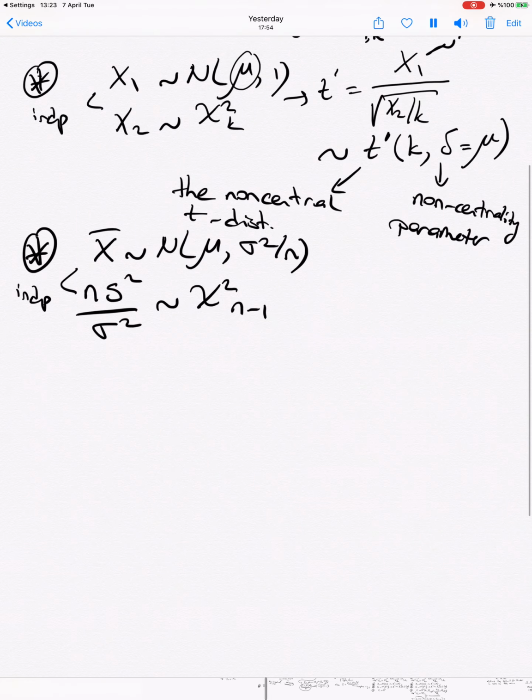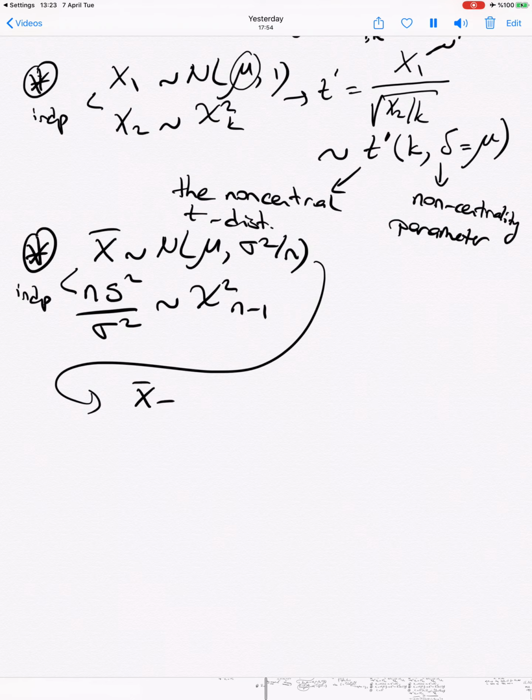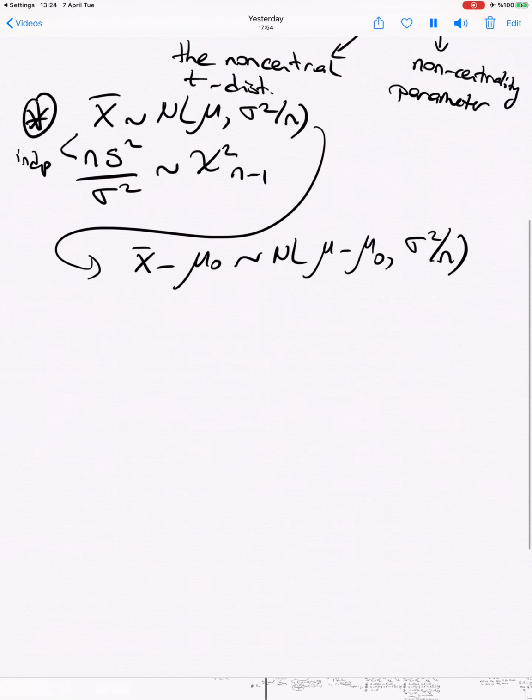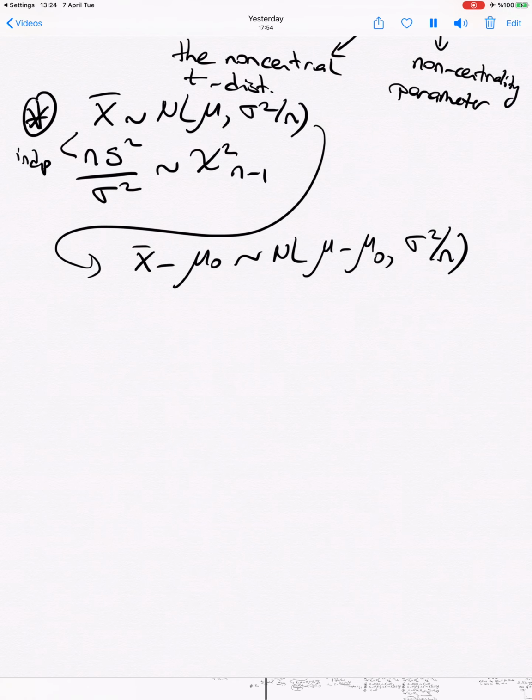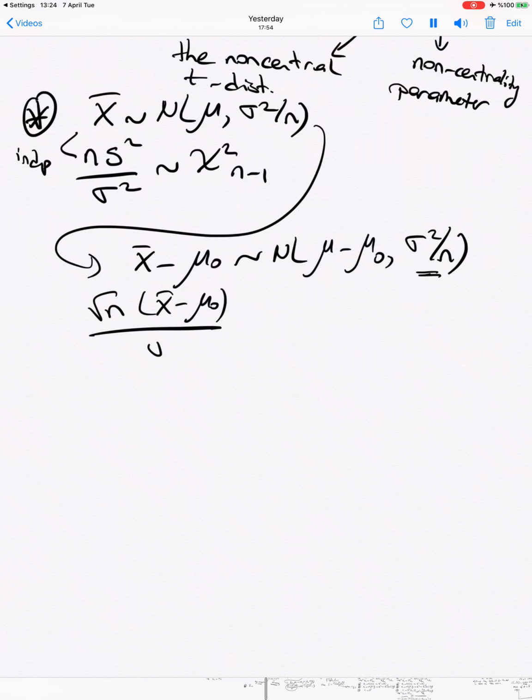So when we focus on the numerator part, when we consider the subtraction of x bar and mu 0, what we have here is normal with mean mu minus mu 0 and variance sigma square over n. Right, and then to be able to get rid of the variance part, to have a unit variance, what we are doing is dividing by the standard error, and we end up with this one.